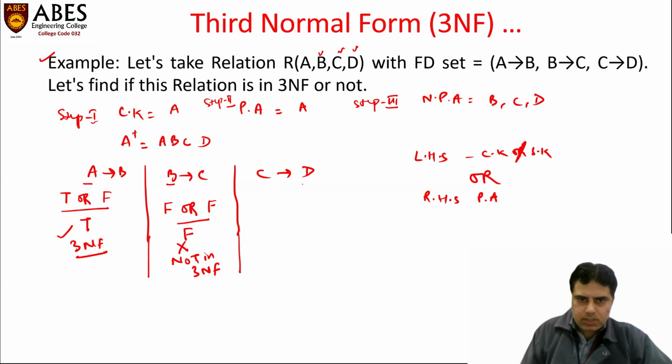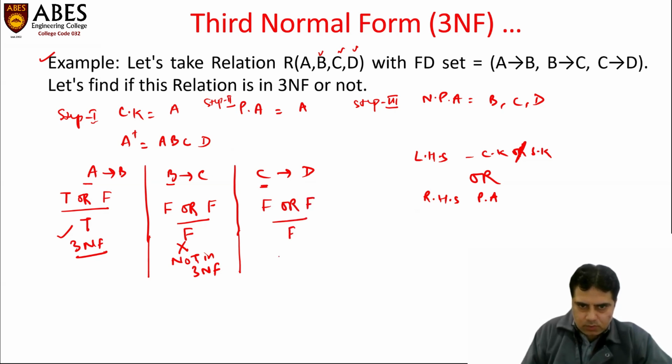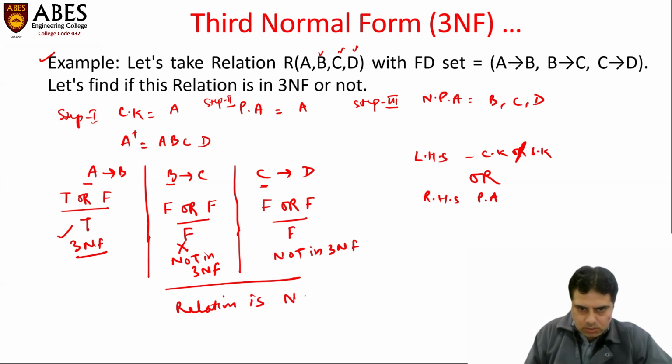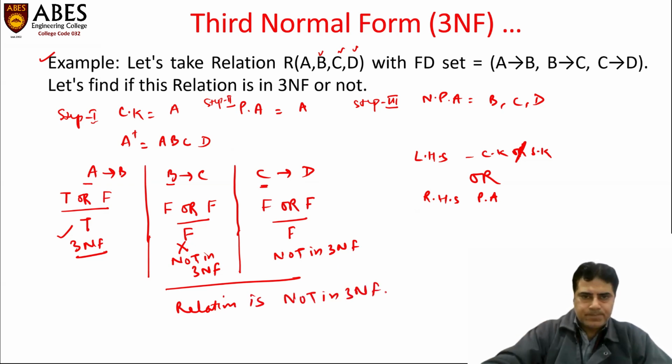Now check for C determines D. C is the candidate key, false, or D is a prime attribute, false. This is false, so this is also not in 3NF. So we can say that the whole relation is not in third normal form.